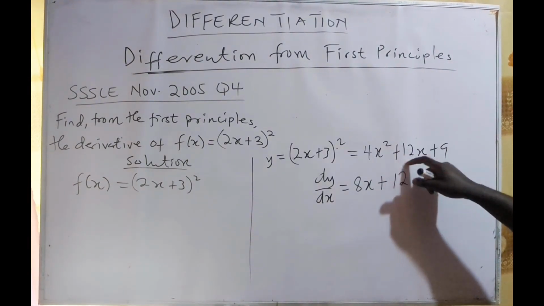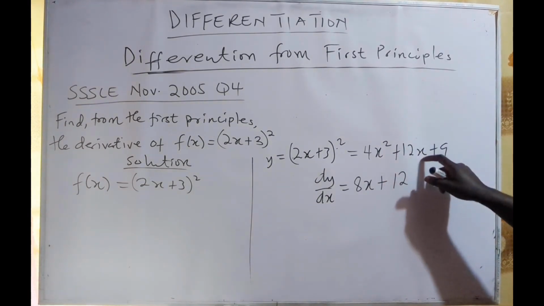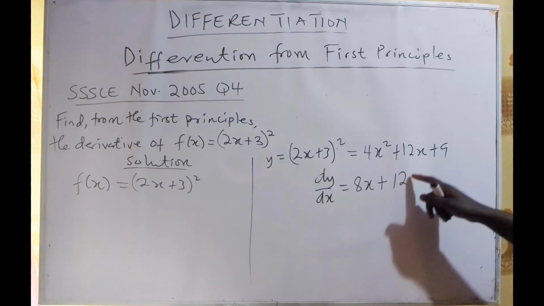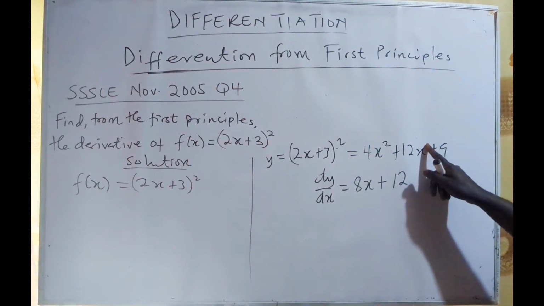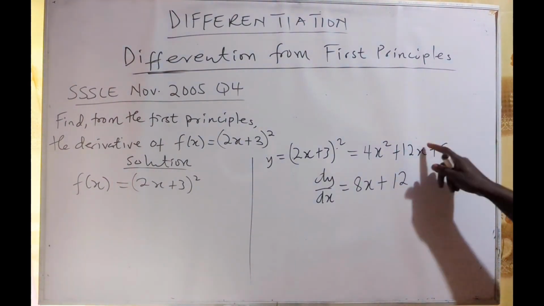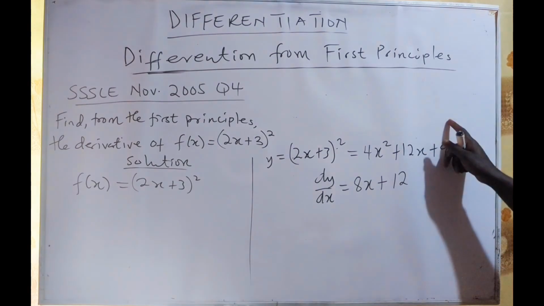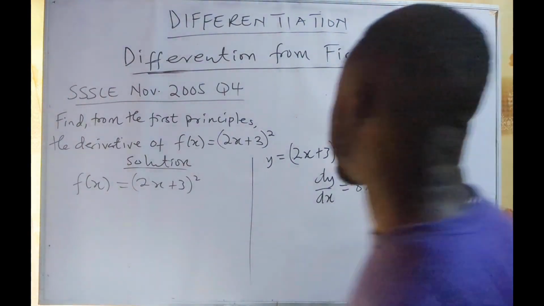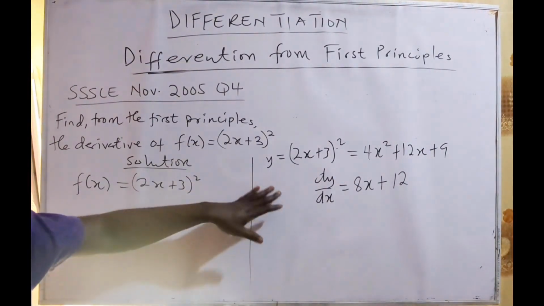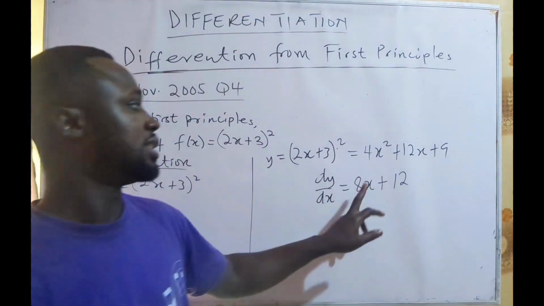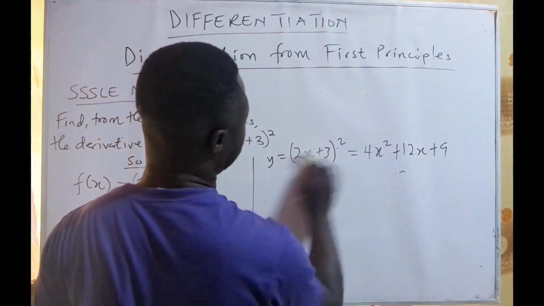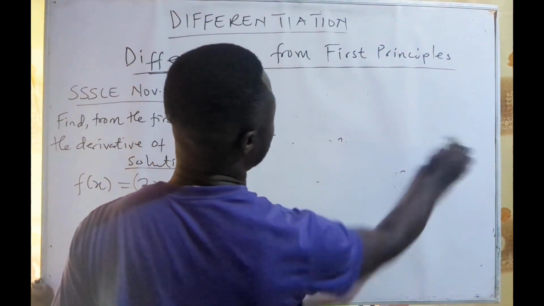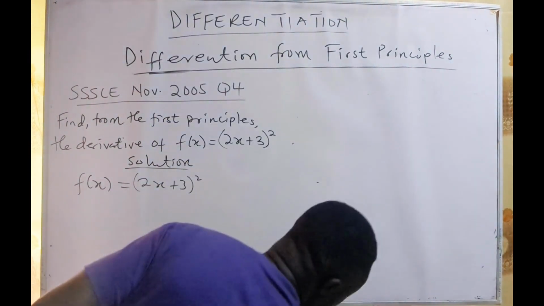When you have a constant number multiplying a variable and the exponent is 1, then the derivative becomes the constant, because 1 minus 1 gives us 0, and x exponent 0 will also be 1. So after solving this question, the answer we should get is 8x plus 12.